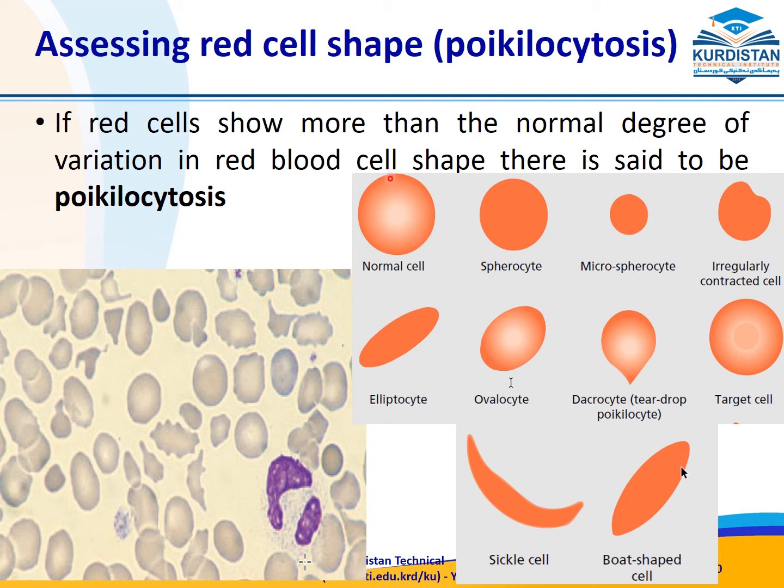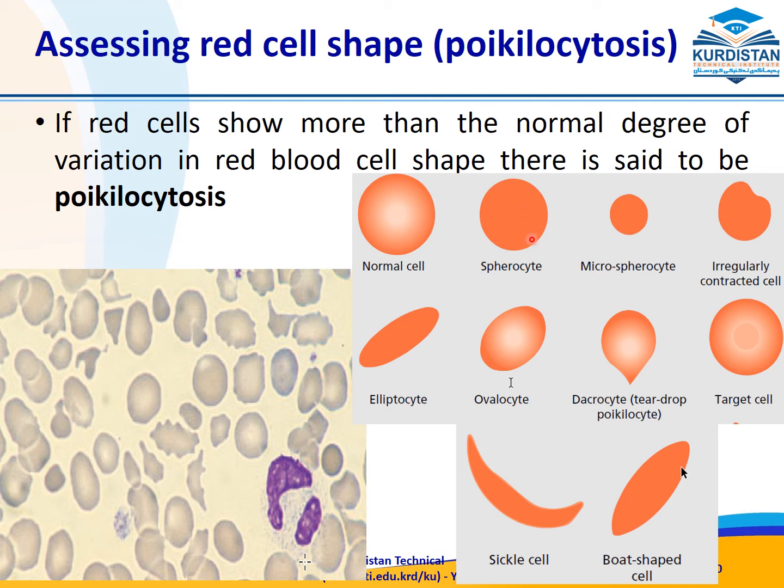They should have a pale center with a darker periphery. Also, if you have a look at these cells, this is called spherocytosis, because we said the normal red blood cell should be biconcave disc-shaped, but in the case of spherocytosis, the cells became spherical rather than biconcave disc-shaped.